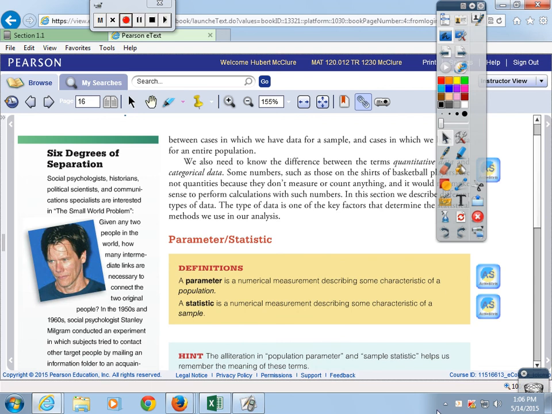Who's Kevin Bacon? He's an actor. And he's just about played in everything. And one of the games is 6 Degrees of Separation. You're supposed to name an actress or an actor or a movie. And in 6 steps or less, you can get to Kevin Bacon.